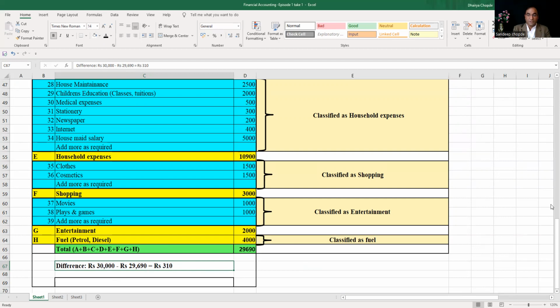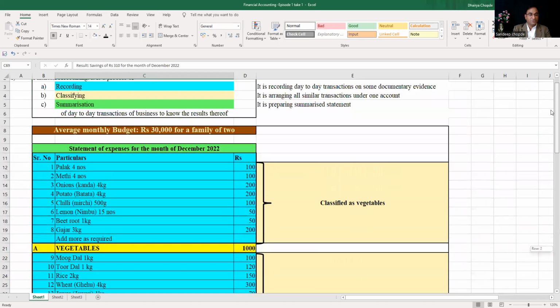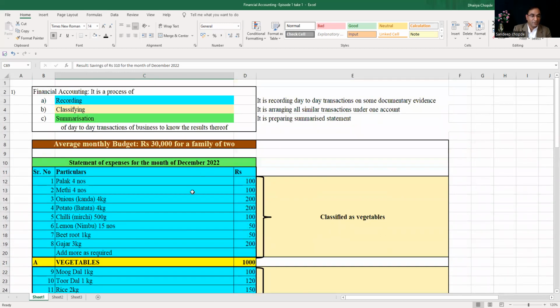That means you have saved rupees 310. And at the end, you may say that the result of this entire exercise of financial accounting is that you have saved 310 rupees for the month of December 2022. That is summarization.